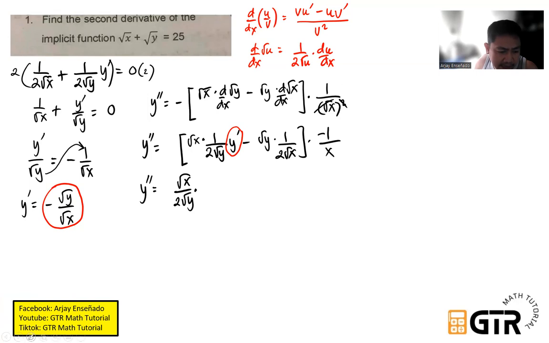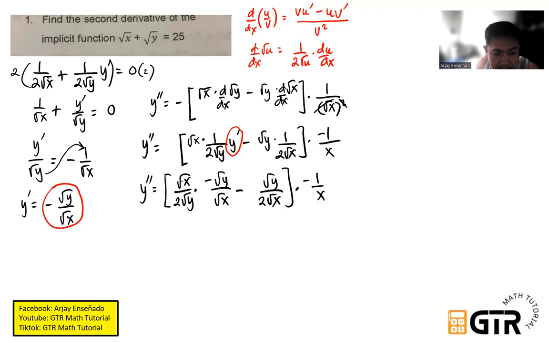So when it's a second derivative, this is always what results. We will go back to the original later. Okay, so let's substitute this. The value of y prime is negative square root of y over square root of x, minus square root of y over 2 square root of x, all multiplied by negative 1 over x.